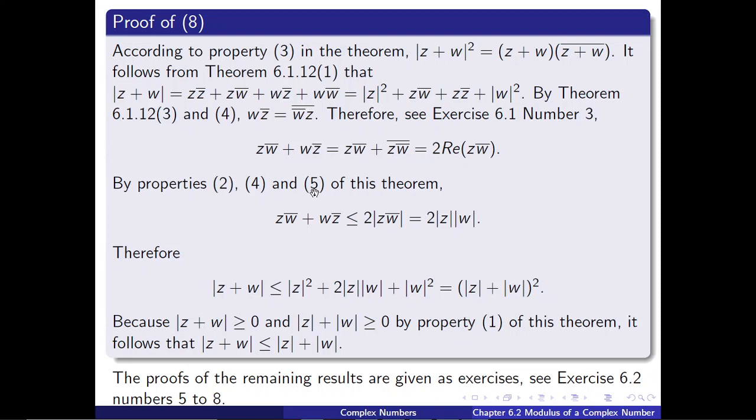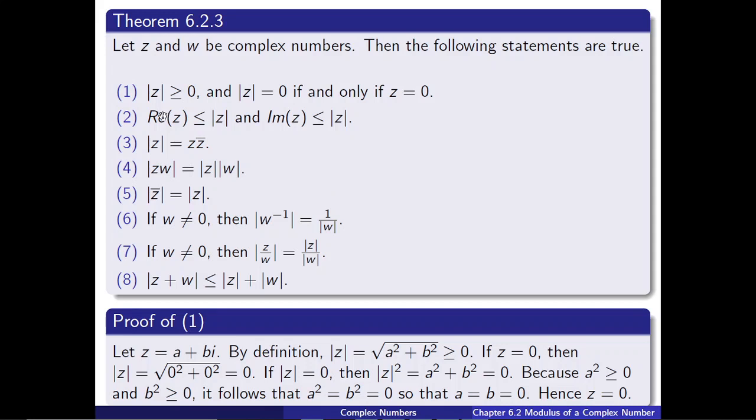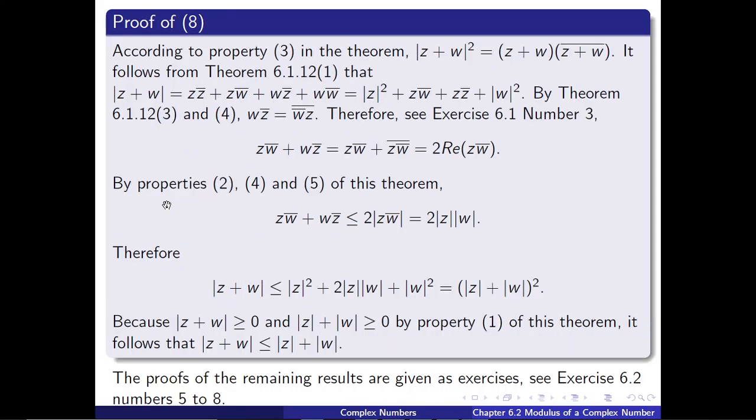Now by properties 2, 4 and 5 of this theorem, we can move from this to 2 times the real part of that, but we know that the real part of a complex number is less than or equal to its modulus, so we can then move to that is less than or equal to 2 times the modulus of z times the conjugate of w, which is equal to 2 times the modulus of z times the modulus of w.